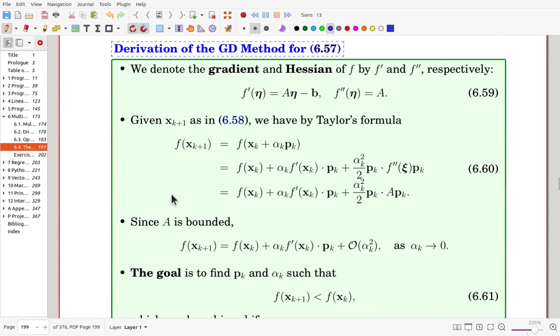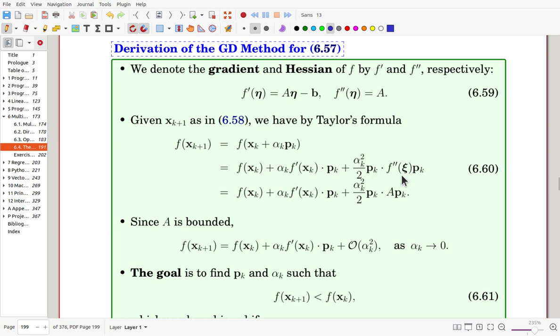Okay, let's try to derive the gradient descent method for the linear system. For the functional f, the gradient is this one, and the Hessian, the second derivative, is the matrix A. Now, by using Taylor's formula, with x_{k+1} the same as that one, we can expand in this way.